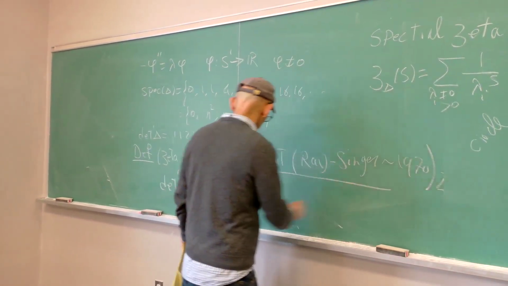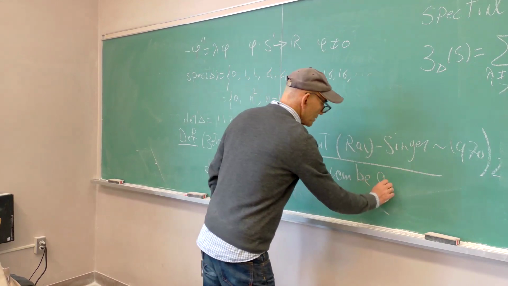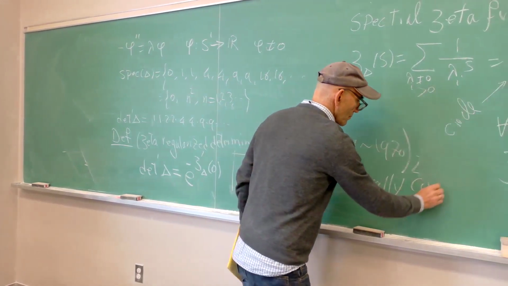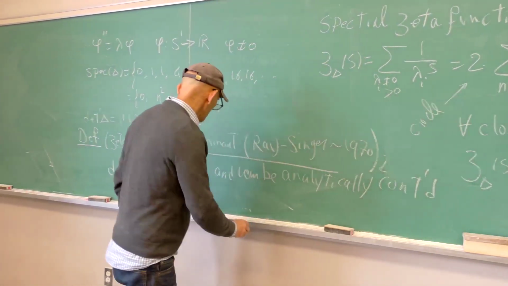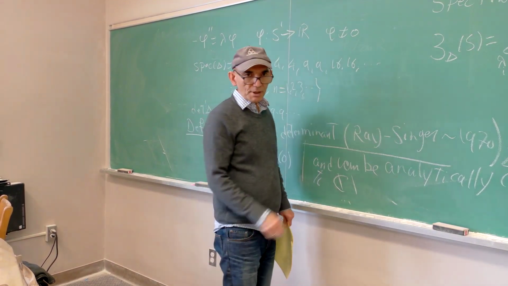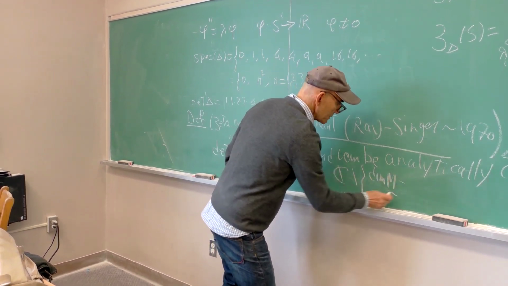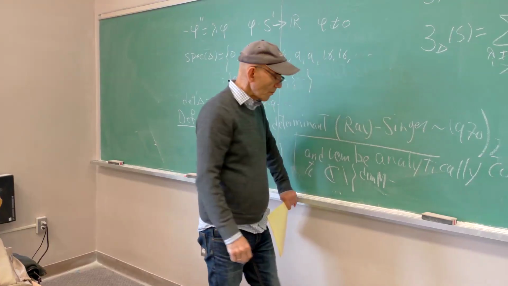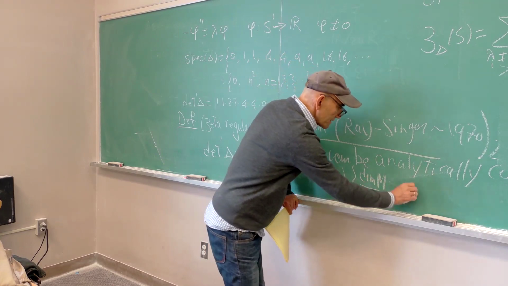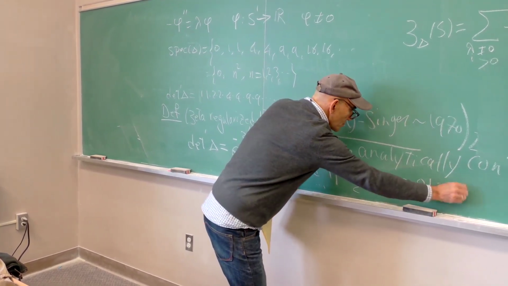So it can be analytically continued, taking away some points which are of the form dimension of M over 2 minus s, where s is equal to 0, 1, 2, and so on.